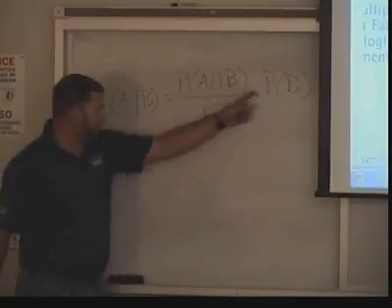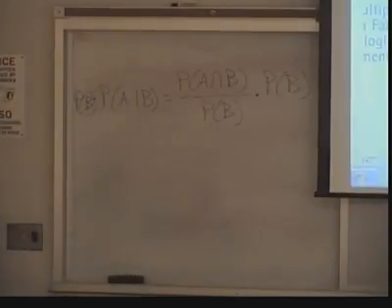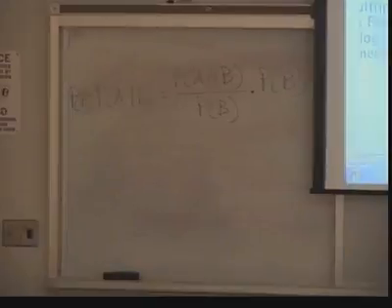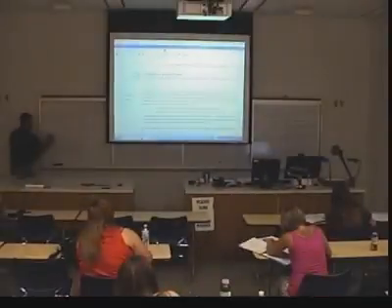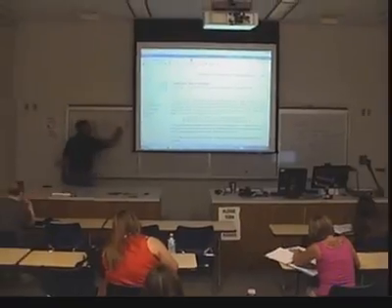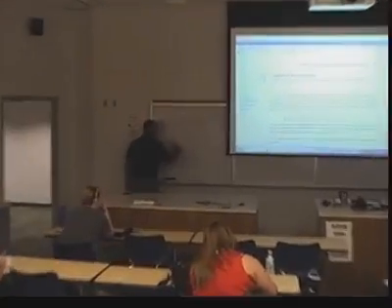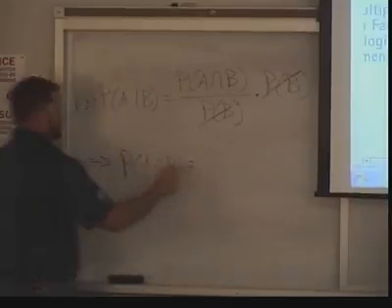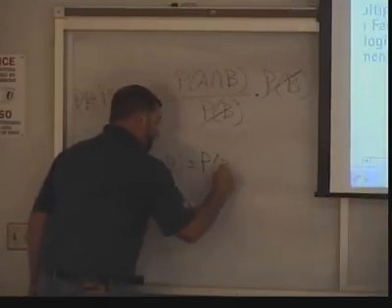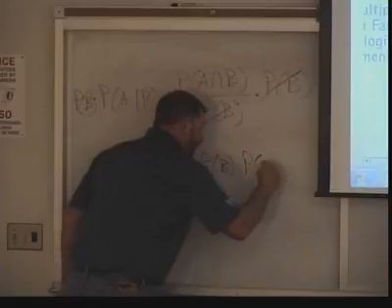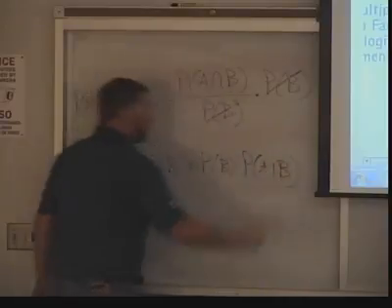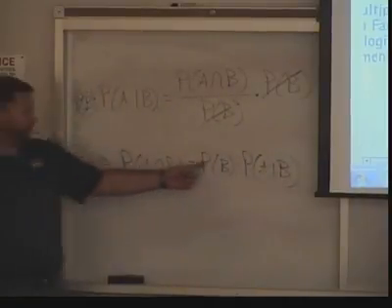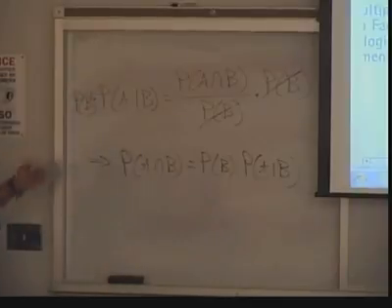What's P of B divided by P of B? What's something divided by itself? 1, right? It just goes away. So that reduces, and we get the probability of A intersect B is equal to that multiplication, P of B times P of A given B. The only time you'd use this formula is if you're given these two values and not given the intersection. All right?